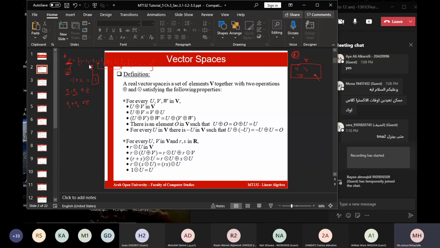Now, what if I said multiplication by any real number? Should the result C times X always belong to Z, where C is any real number? Could the result belong to Z or not?